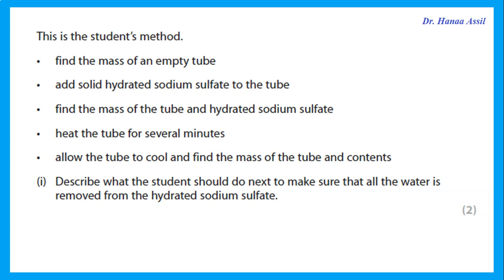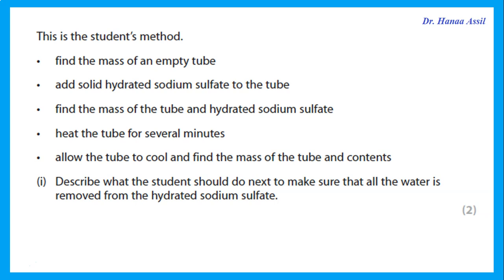And the first question is, describe what the student should do next to make sure that all the water is removed. So what the student did was heat the tube for a while and then allow it to cool, and measure the mass. So of course the difference would be the mass of water.